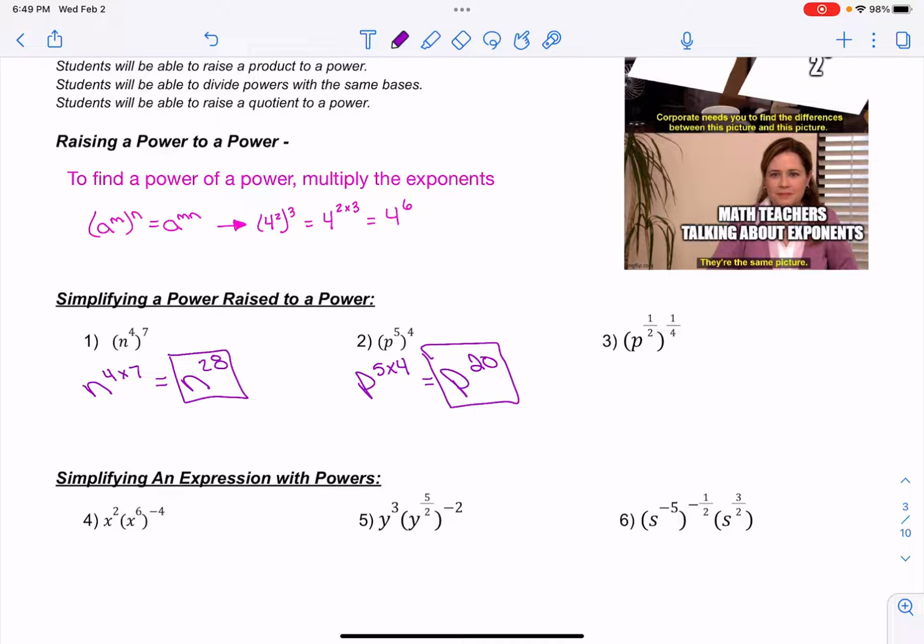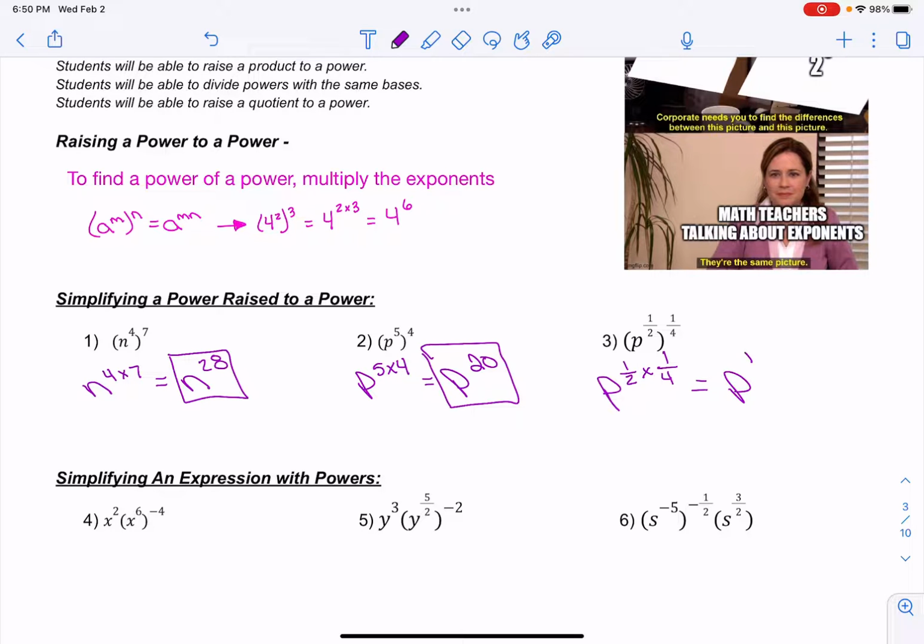And then the last one is just slightly different. We have p to the 1/2 raised to the 1/4. We still follow the same process. We still are multiplying those exponents. However, fractions always just seem a little scary, so just remember when multiplying fractions, you multiply straight across the top, straight across the bottom.